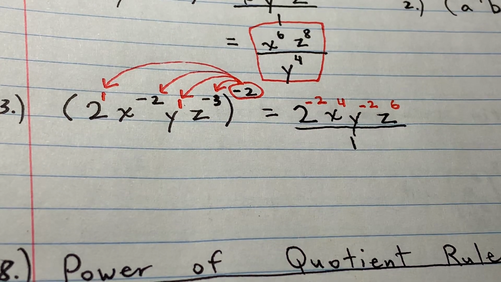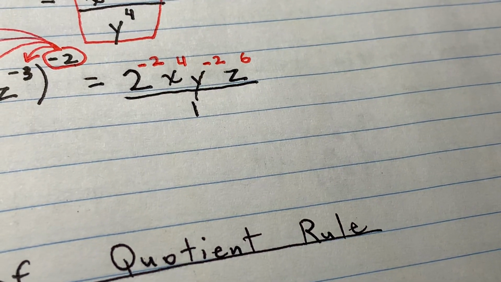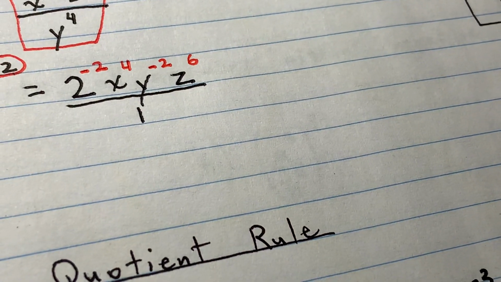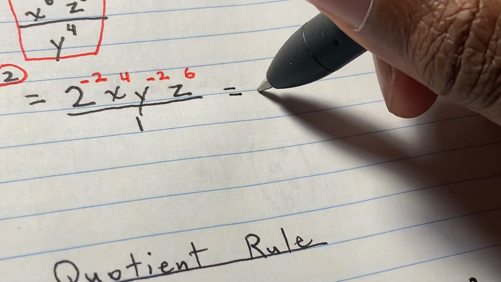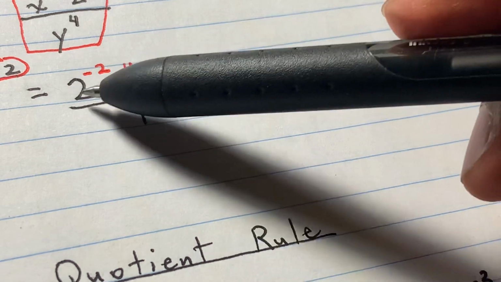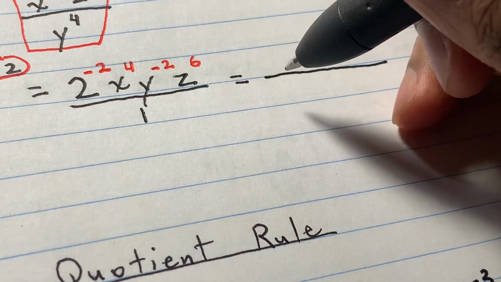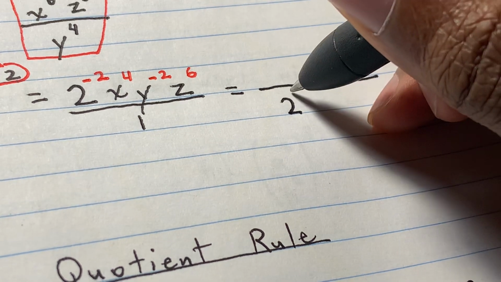And we want to change those negative exponents to positive. How? Just like this. You already know how, don't you? The 2 to the -2, where does it go? Bottom, yes? And that exponent becomes +2.